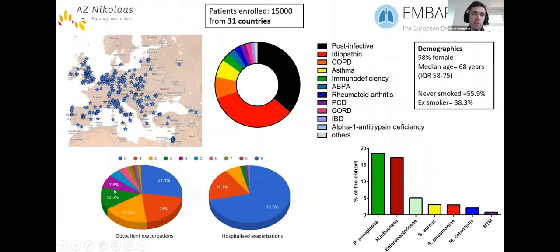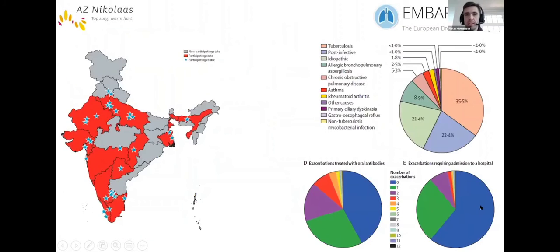Fortunately, patients often have a reduction in exacerbations when treatment is started. If we look at the bacteria in the airways, because that's one of the points that Michal is going to talk to you about, Pseudomonas aeruginosa is the biggest one in Europe, in about 18% of patients. And this is important: we have a very low prevalence of non-tuberculous mycobacteria, as opposed to America, for example.